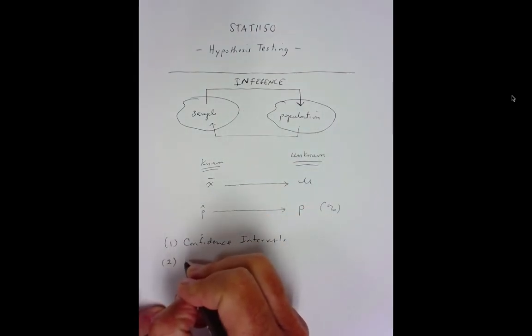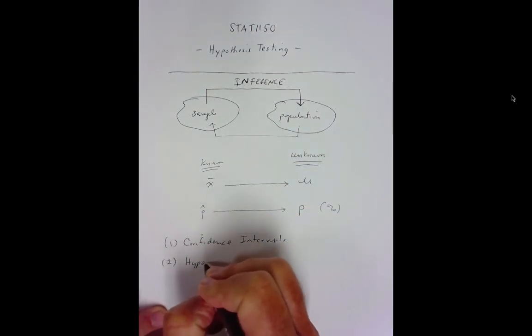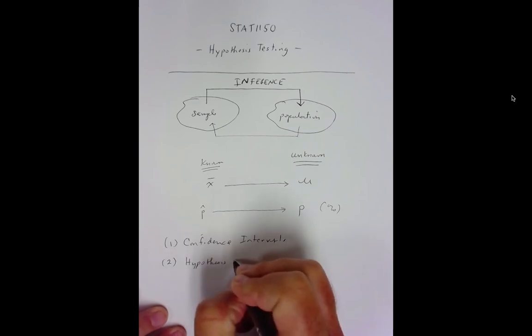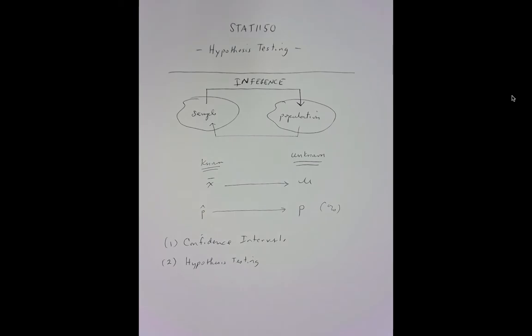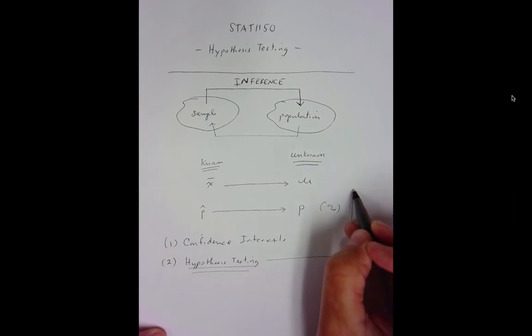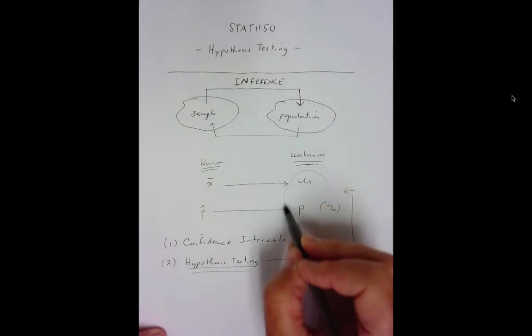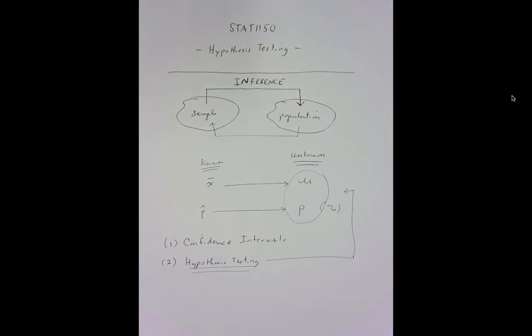The second technique is hypothesis testing, that we start today. And the two types of hypothesis testing problems that we're going to learn how to do, as you might expect, are for a mean and a proportion.